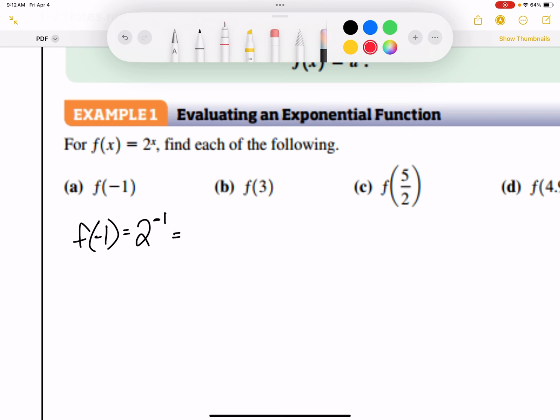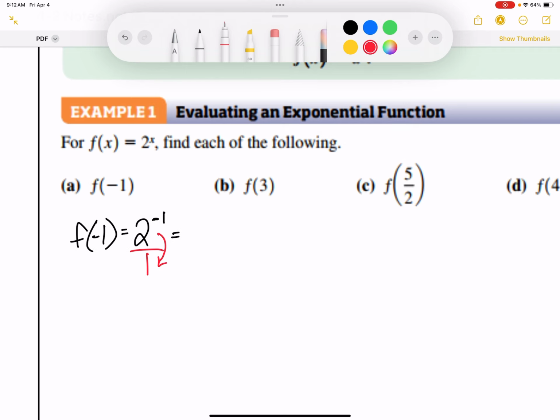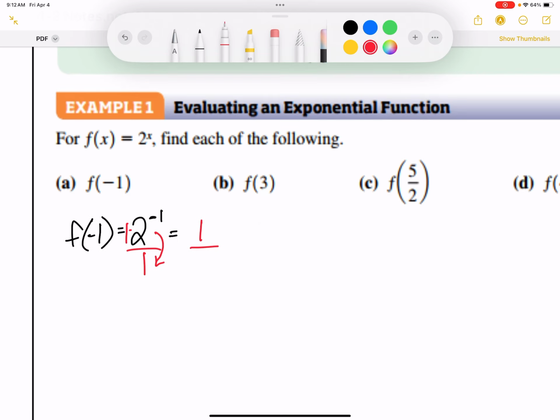I can think of any number like a fraction, and say, right now it's in the numerator, but it has a negative exponent, so I need to put it in the denominator and make the exponent positive. The 1's still in the numerator because anything's times 1. So the 2's in the denominator now, and the exponent is positive. So this thing equals 1/2.